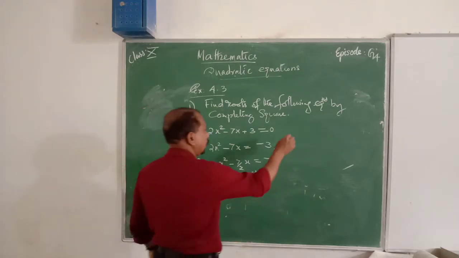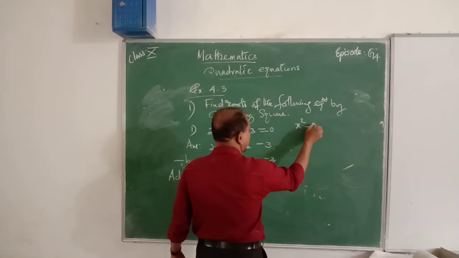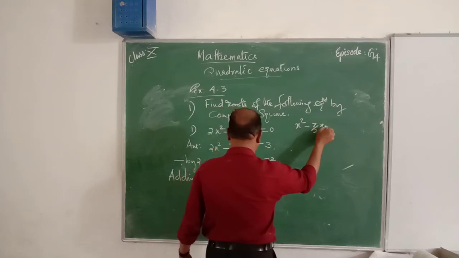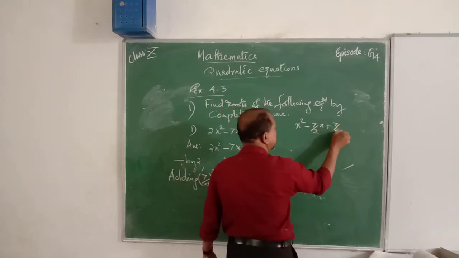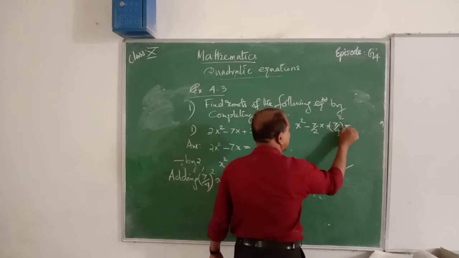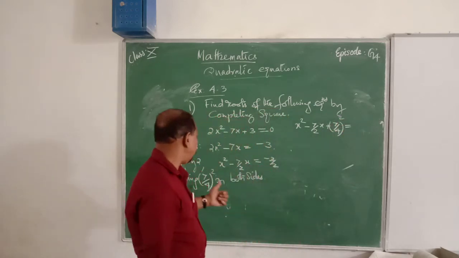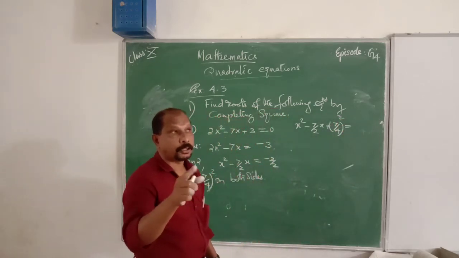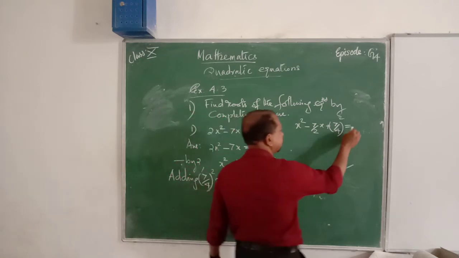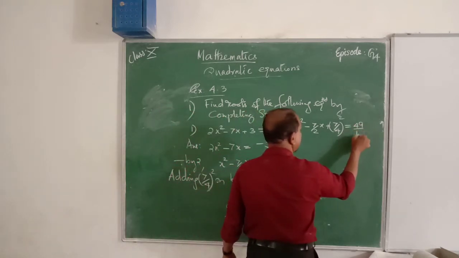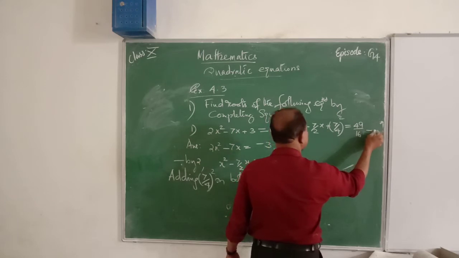Therefore, x square minus 7 by 2x plus (7 by 4) the whole square is equal to the right side, (7 by 4) the whole square, which is 49 by 16, minus 3.